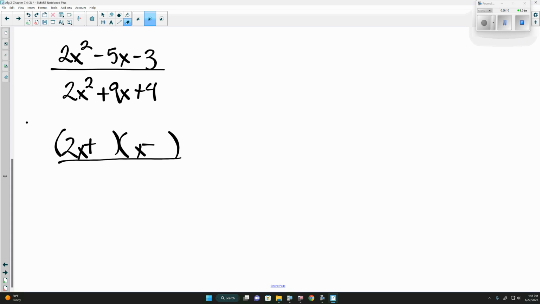Right here. Factors of 3 are 1 and 3. Where do we want to put the 3? By the negative, and we can put the 1 with the 2x. Now we can check this to make sure that this does work. 2x times negative 3 is negative 6x. 1 times x is plus x, which gives us negative 5x. Is that what we wanted? Okay.